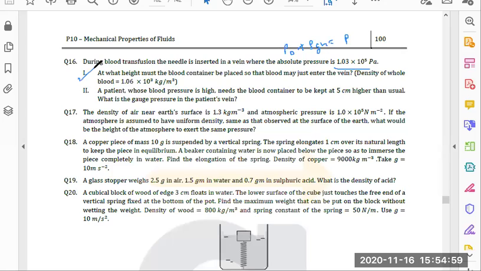Okay. So first done. Now second one. A patient whose blood pressure is high needs a blood container to be kept 5 centimeter higher than the usual. What is the gauge pressure? So I hope all of you can calculate this. Tell me, guys.